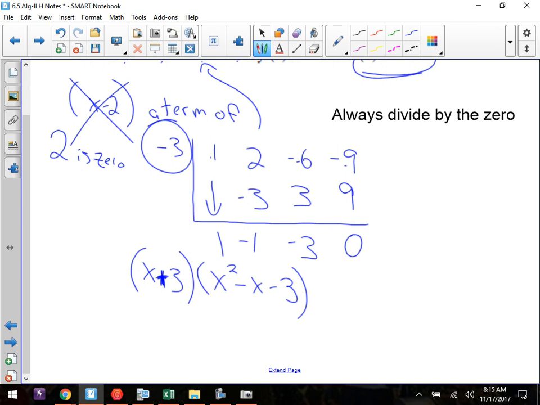Remember how this up here was x cubed plus 2x squared minus 6x minus 9? As I divide something out, I took out a 0 of -3. If -3 is my 0, that meant that I was able to take out the term x plus 3.